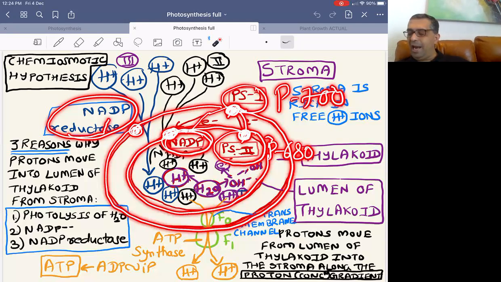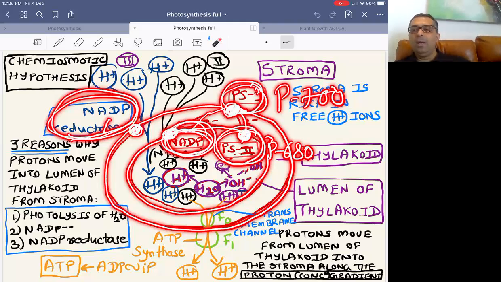So the NADP reductase enzyme is found on the outer membrane. So once again, PS2 is found on the inner membrane, PS1 is found on the outer membrane, and NADP is found on the inner membrane, and NADP reductase is found on the outer membrane. This is a beautiful structure of the thylakoid.